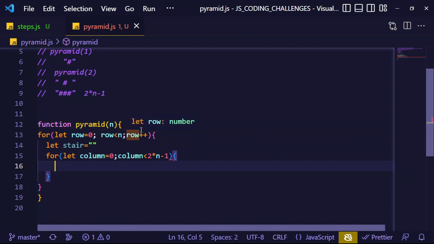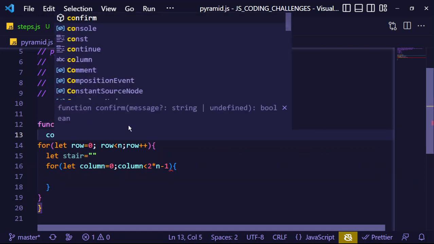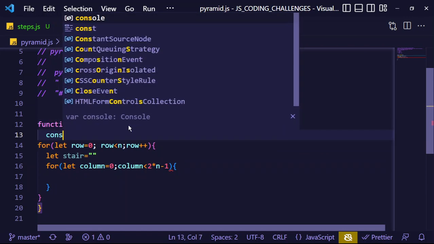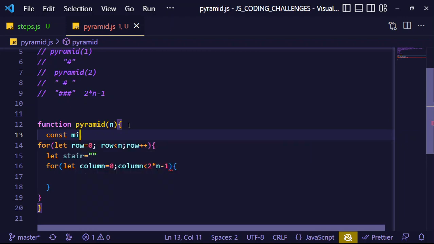So to get our midpoint, we can say const midpoint. You can even call it mid, or let's call it midpoint. Okay.